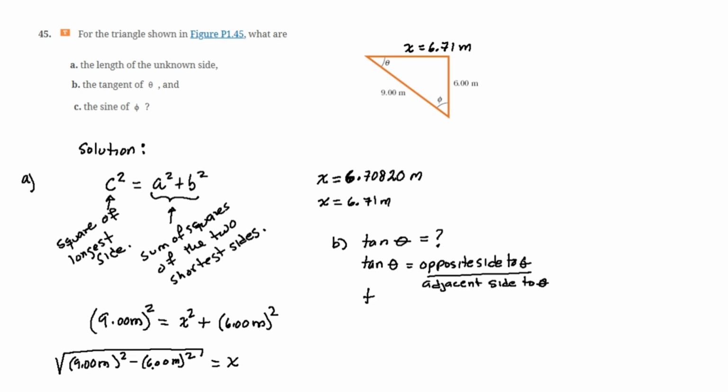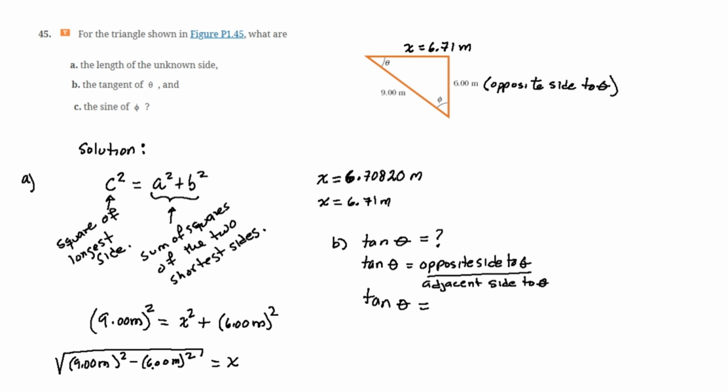So the tangent of theta is, what is the opposite side to the angle theta? Opposite side to theta is this side. Right? It's the side of the triangle that is in front of theta.